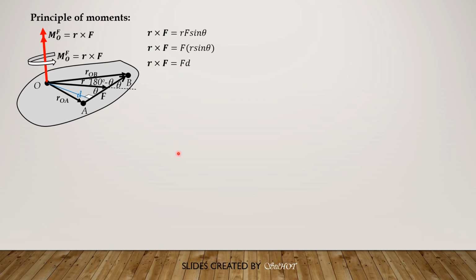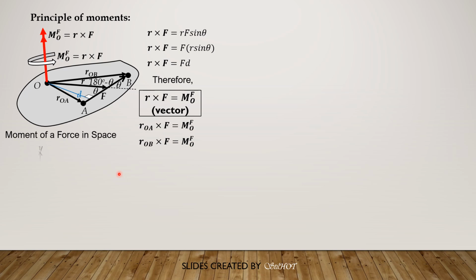So we now interpret that R cross F is really the moment of the force about point O. And remember that the position vector should be from the moment center O to any point on the line of action of the force. So therefore, moment of force about O is also R_OA cross F. It is also R_OB cross F.